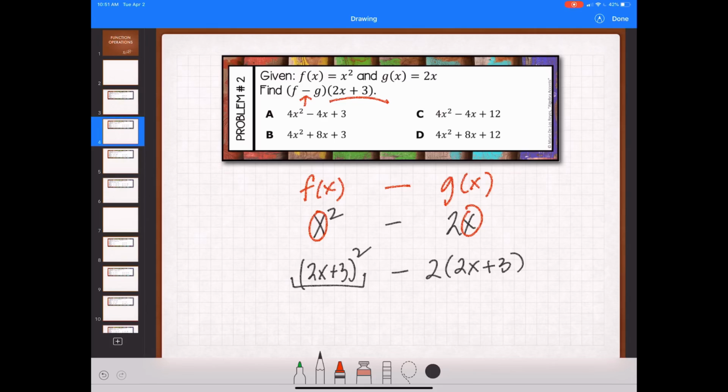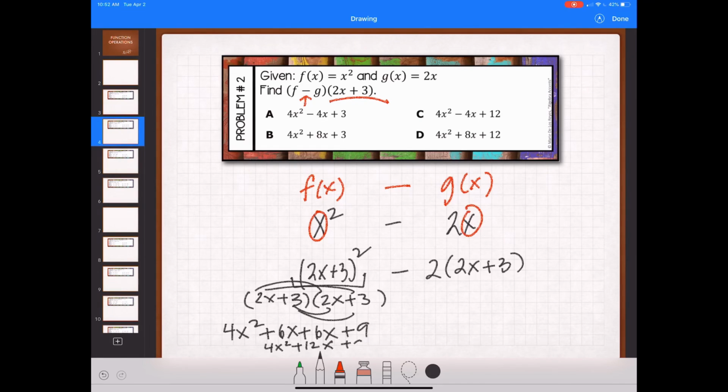That means 2x plus 3 times 2x plus 3. I'm going to multiply that together. I'll get 4x squared plus 6x plus 6x plus 9. Simplify that more. That's 4x squared plus 12x plus 9.